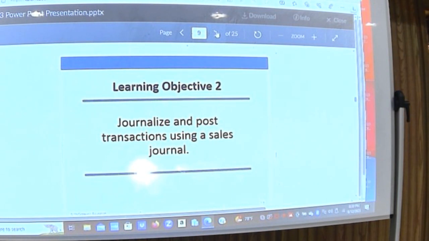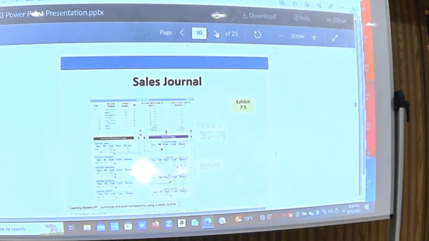Journalize and post transactions using the sales journal. There it shows you a sales journal, to give you an idea of what the pages in the journal look like. Okay, we're not going to do any transactions where we use those journals, but this is a really good source of information for a business owner.